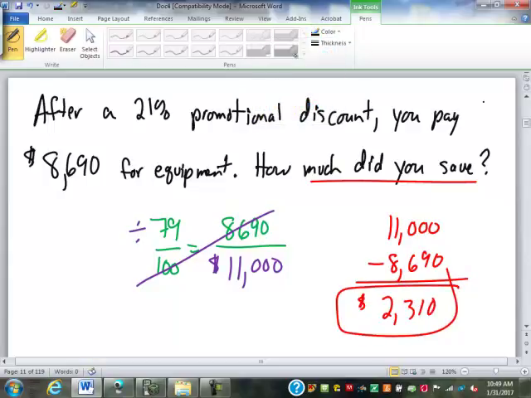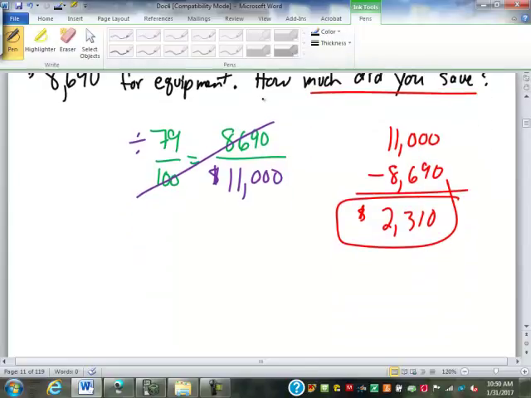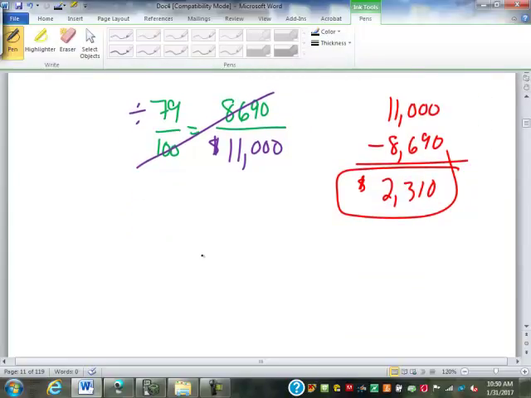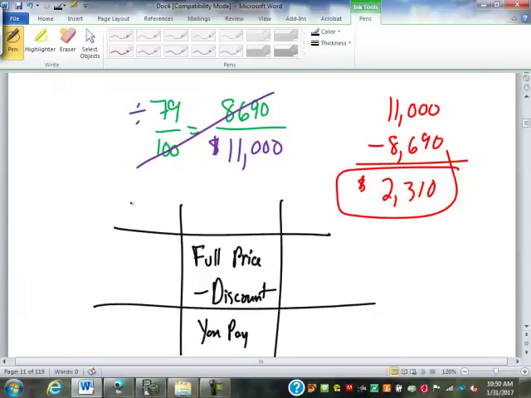Now, there is a way we could have done this without having to subtract. You know that little table I showed you before? So let's say we got full price minus your discount, that promotional discount equals what you paid. And again, each of those is described by percents and dollars.